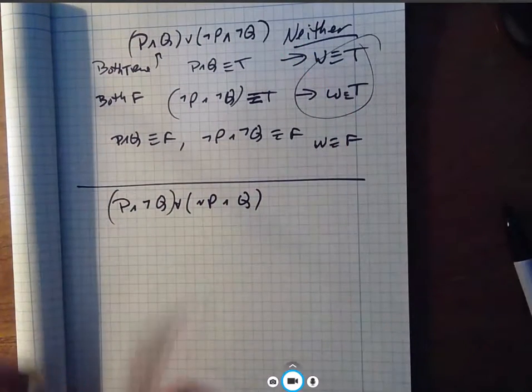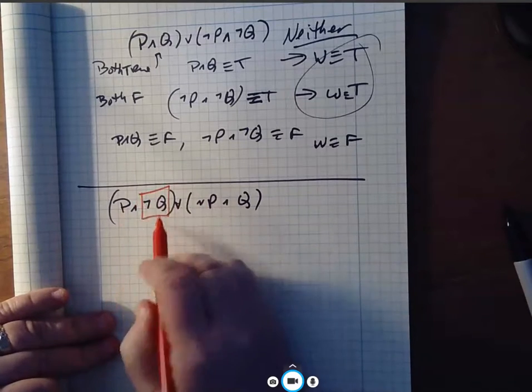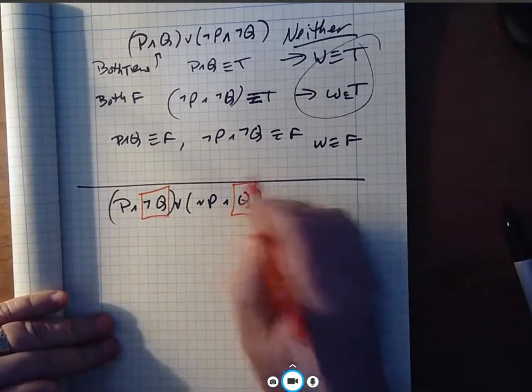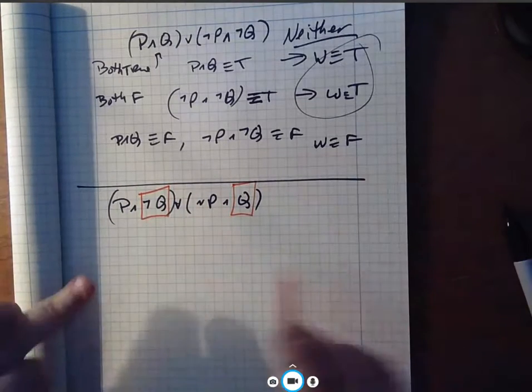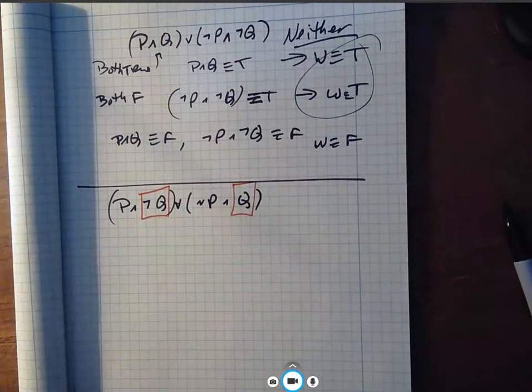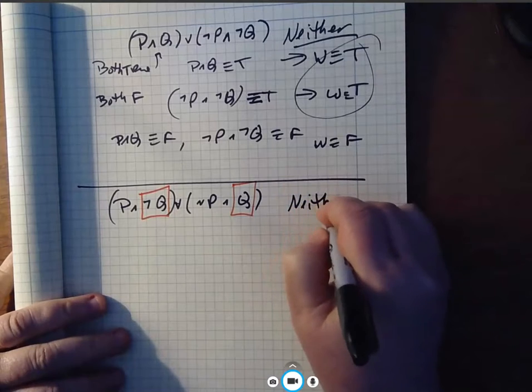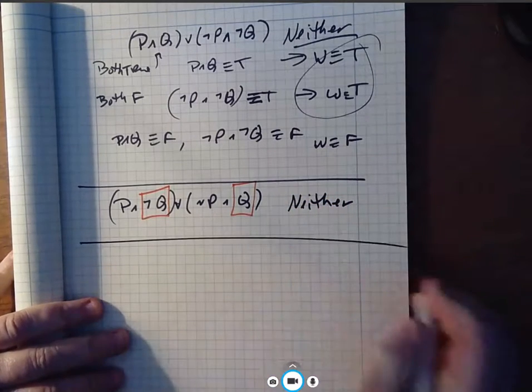The only difference is, instead of having Q here, we have a not Q here and a Q here. So if you replace Q with not Q, this statement is exactly the same as this statement. So the whole thing is neither true nor false all the time.